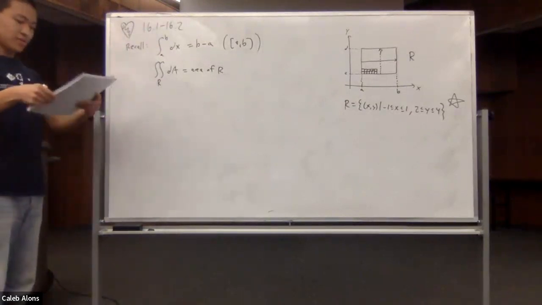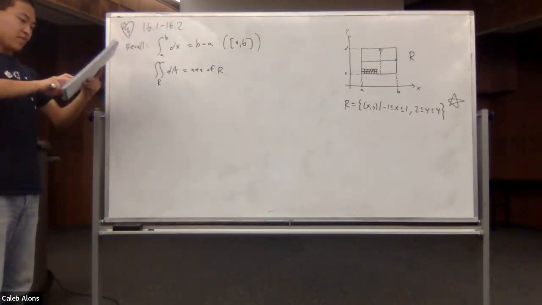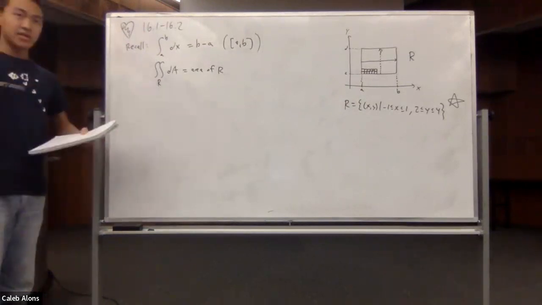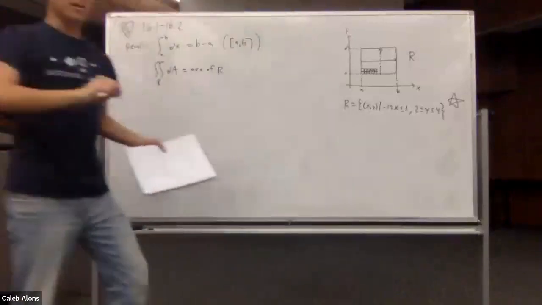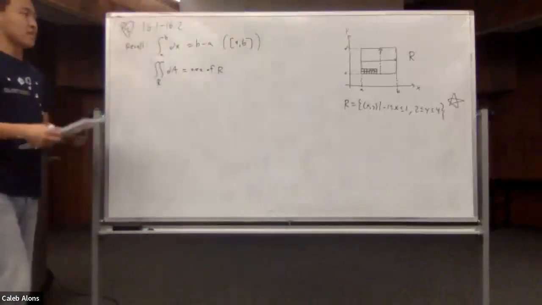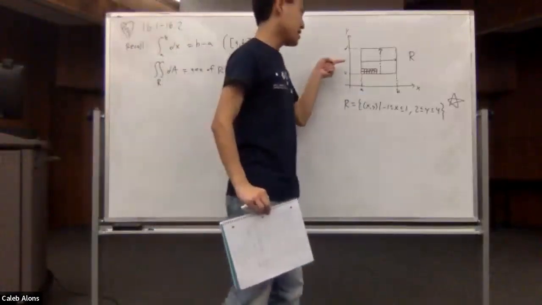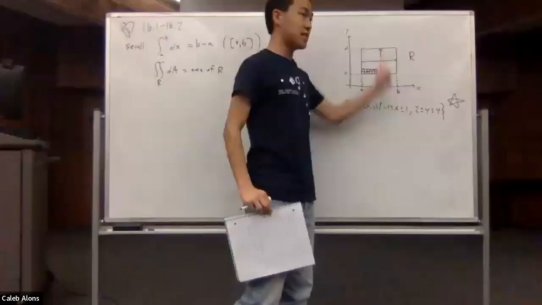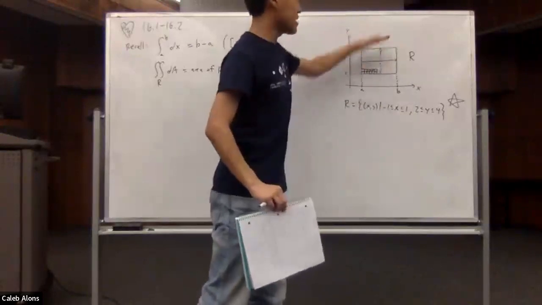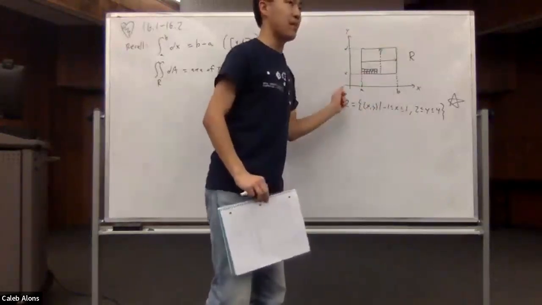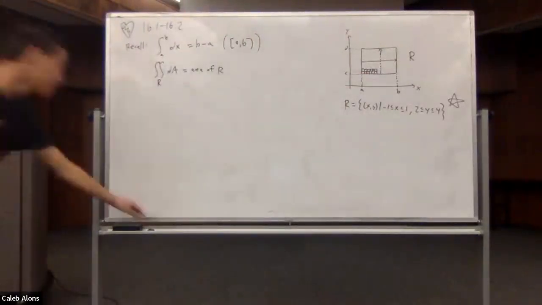I took about an hour last night to create a very nice little visual graphic to summarize the only possible cases you'll have for the integration orders. It's not complicated. Just think in terms of order: if I do the x's first, then I do the y's after. If I do the y's first, then I do the x's after. And we don't necessarily have to have constant value bounds. So let's get into that.